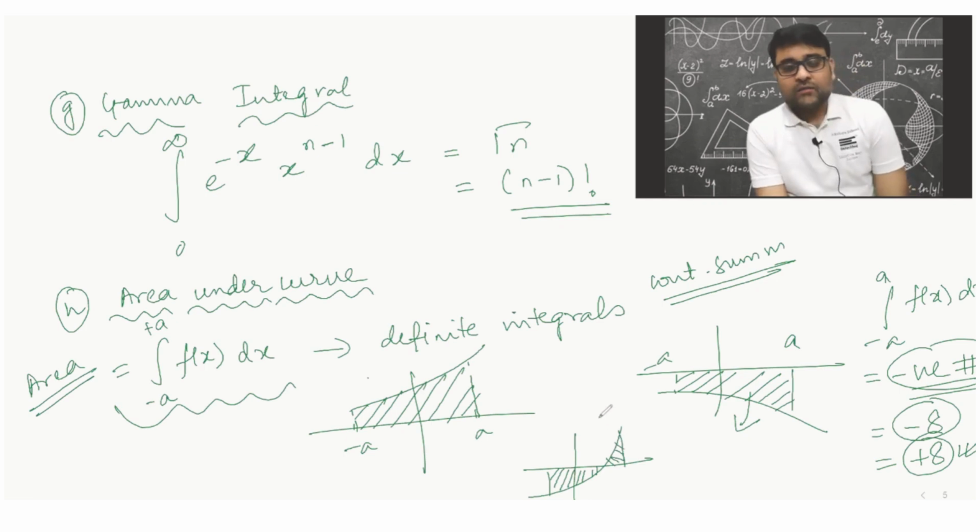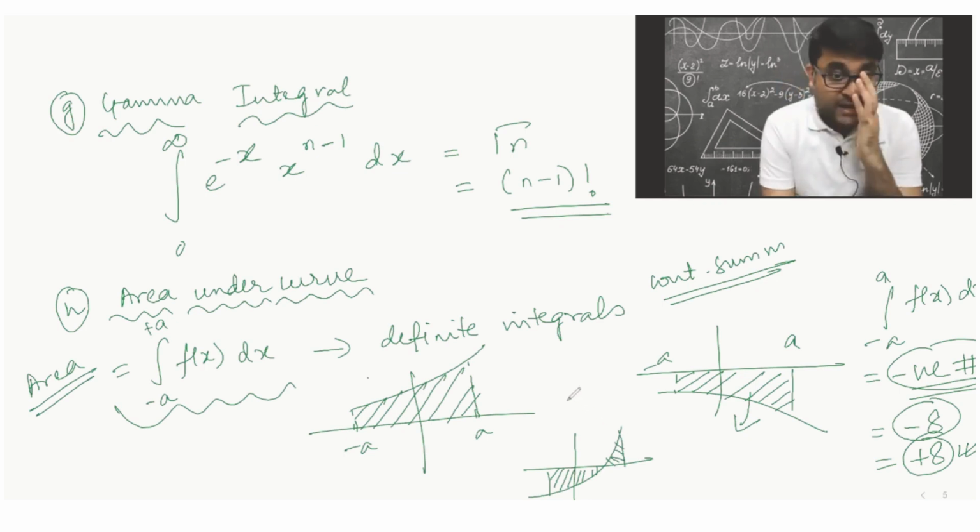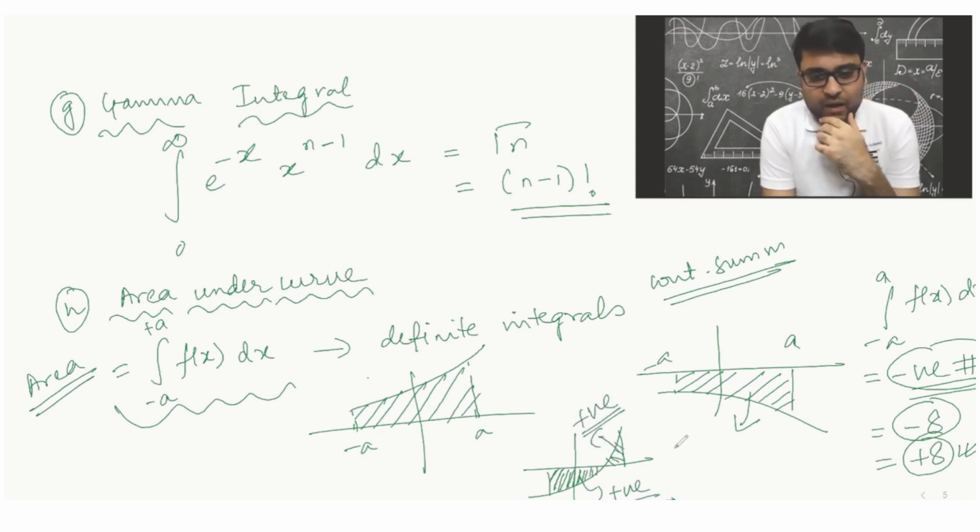So if they ask for the area between the curve and the x-axis, you have to convert the negative number into positive and then add it to the positive number. You have to be smart about it. So this is what area under the curve is in integration.